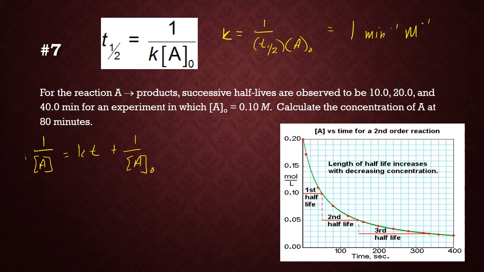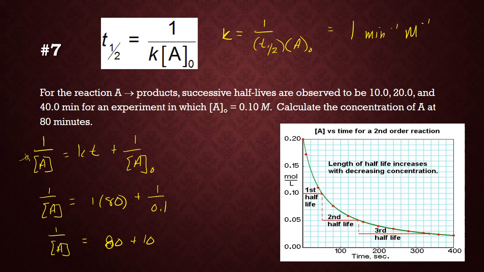And this is the one we're solving for. 1 over the concentration of A is equal to 1 multiplied by 80 plus 1 over 0.1. And then we end up with 1 over the concentration of A equal to 80, plus 10.